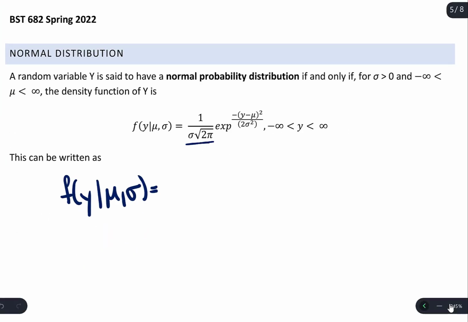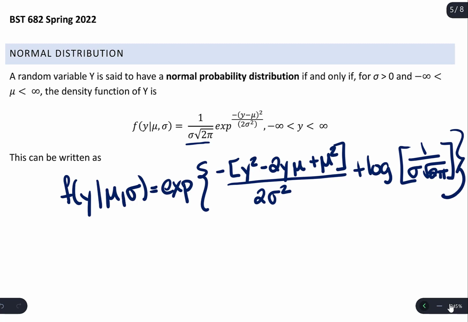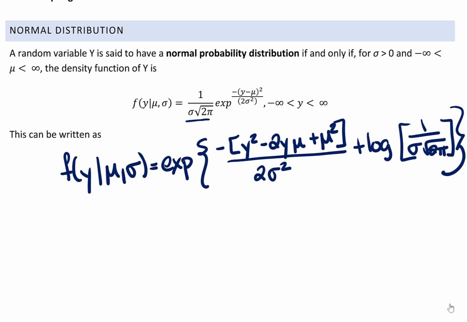So I want to get these terms into the exponent, and I can do that using a log. Okay, now I have everything in the exponent.